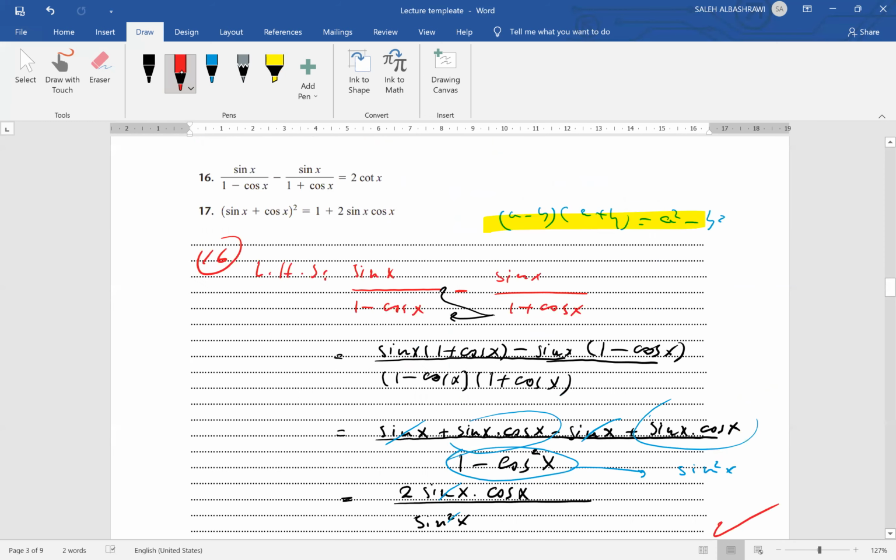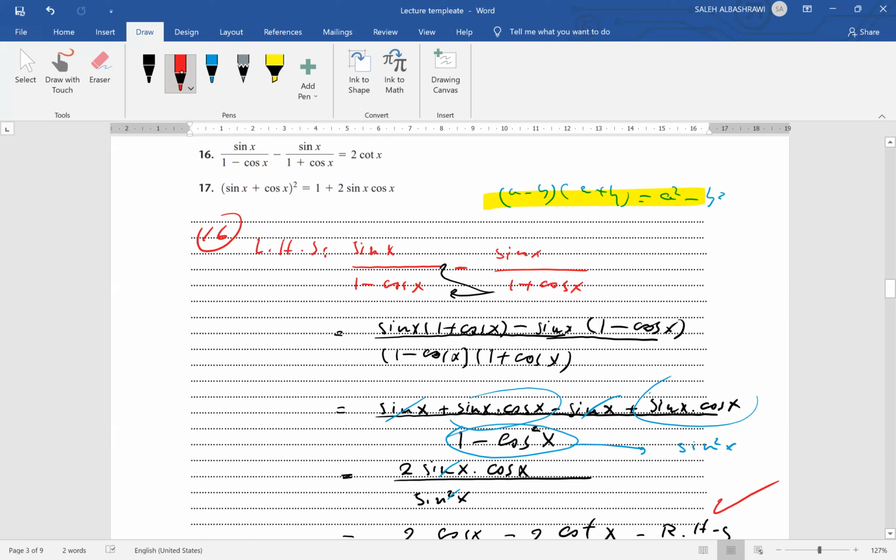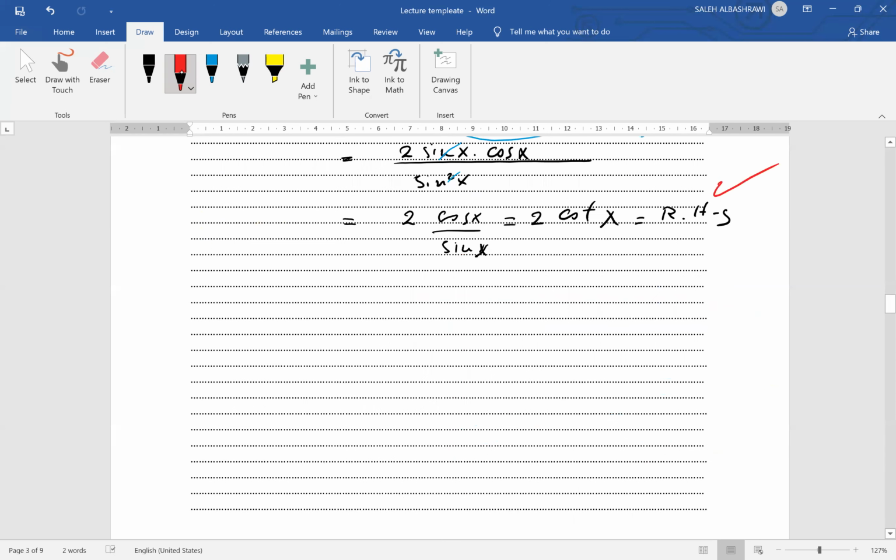For the next one, question number 17. We have sine x plus cosine x all to the power 2 equal to 1 plus 2 sine x cosine x. Let's do it. We have the left-hand side, which is given by sine x plus cosine x all squared.